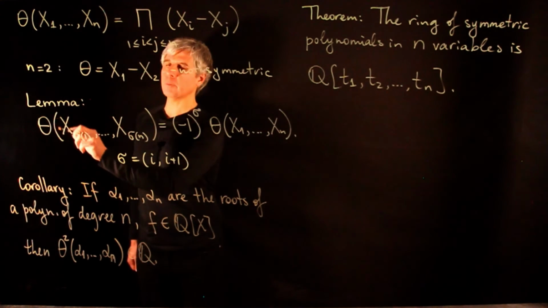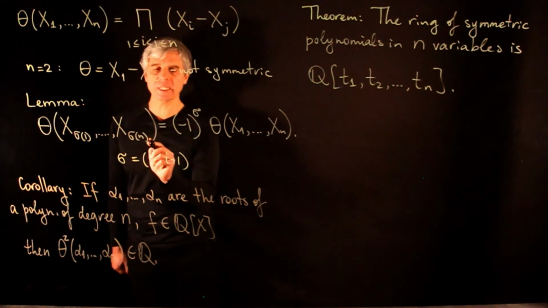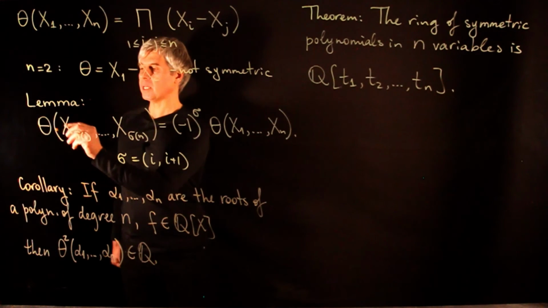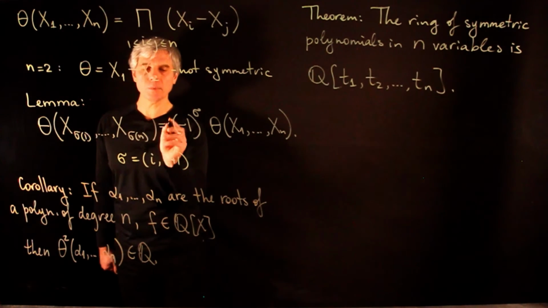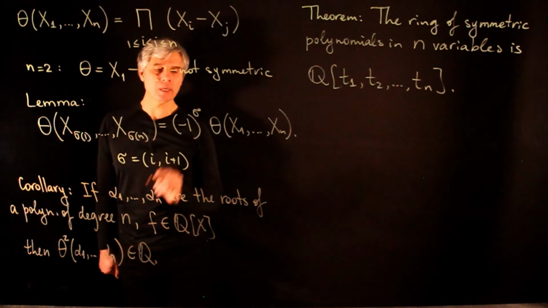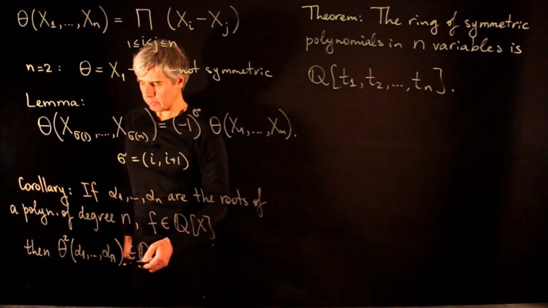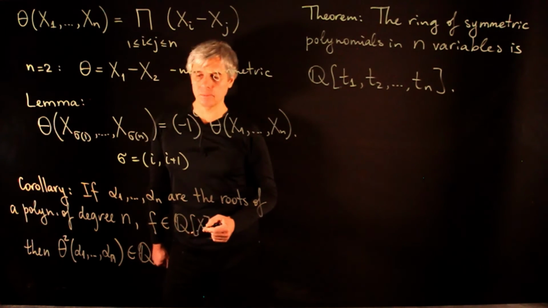Indeed, we see that the polynomial theta may switch sign when we apply the permutation sigma. However, if we consider theta squared, then we will get equality here. And so this means that theta squared is a symmetric polynomial. And then, by an earlier result, we get the claim of this corollary.